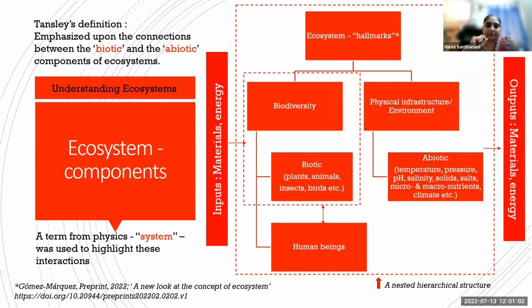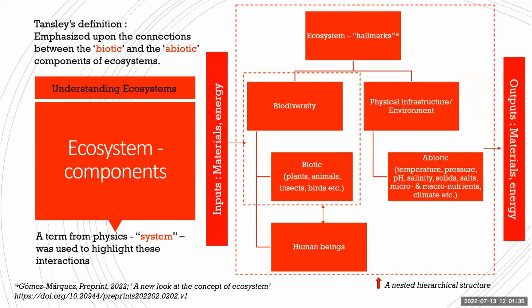to understand the concept of ecosystem, as also the physical infrastructure and the environmental boundaries, which actually put this biodiversity together as functional groups. So biodiversity includes, as you know, the biotic communities as well as the human beings, and the physical environment, which we have been talking about as abiotic, which means the factors which are not consistent with a living or a life, right?